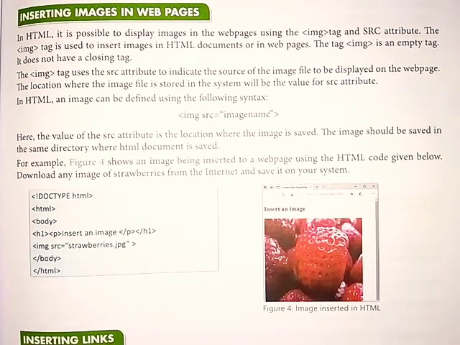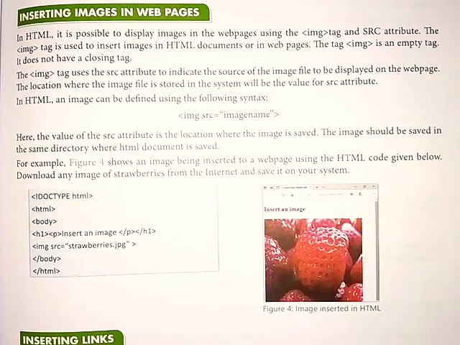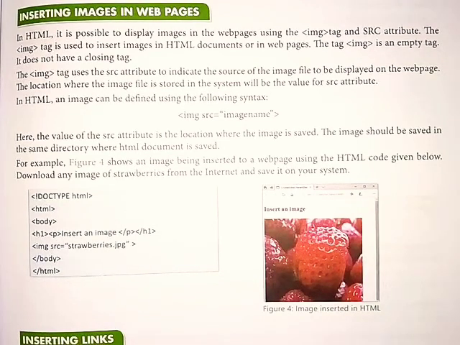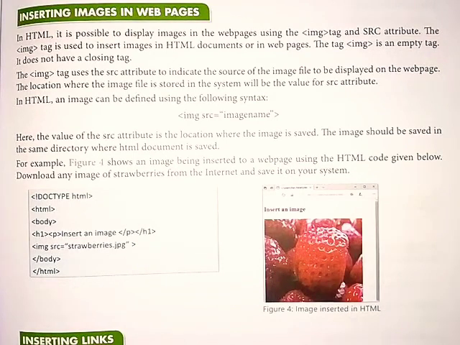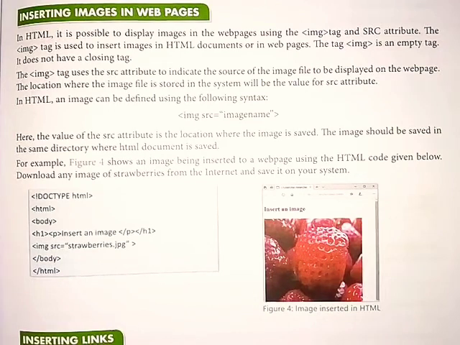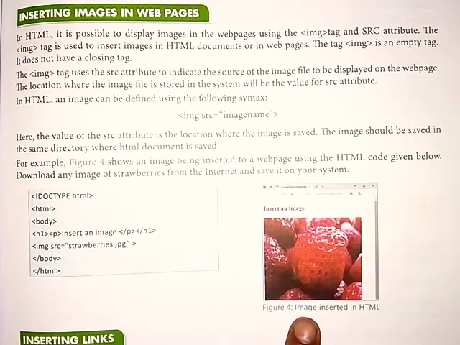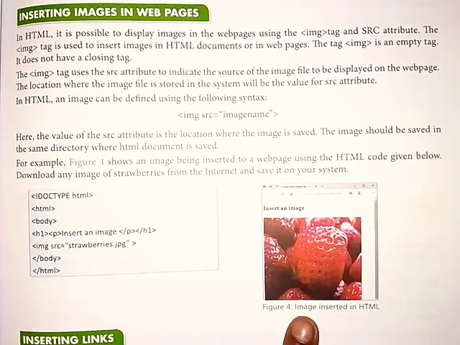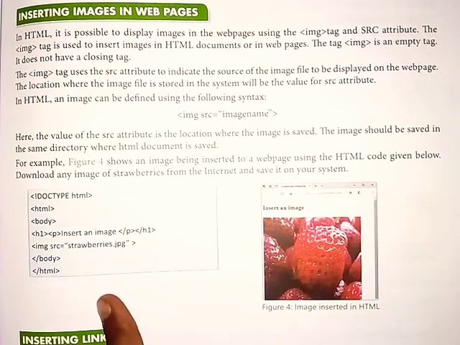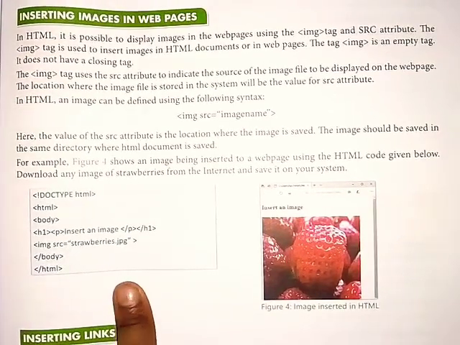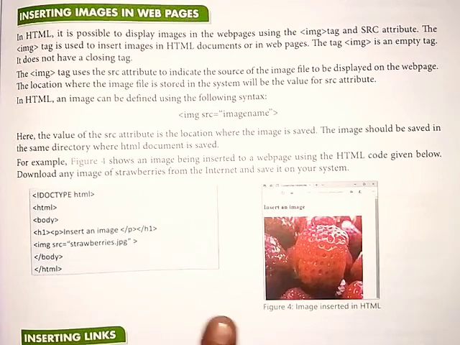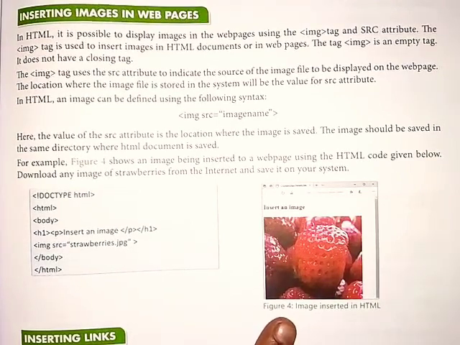Here, the value of the src attribute is the location where the image is saved. The image should be saved in the same directory where the HTML document is saved. For example, figure 4 shows an image being inserted to a web page using the HTML code given below. Download any image of strawberries from the internet and save it to your system.